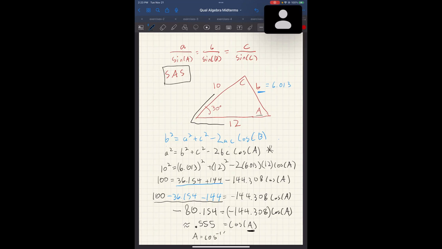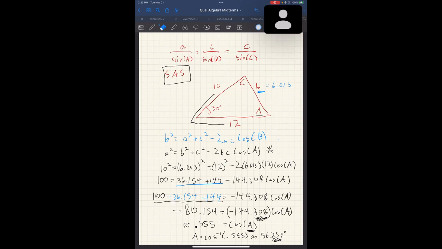Absolutely, that's just our cosine inverse. So A should be cosine inverse of 0.555, which turns out to be about 56.259 degrees. Now, if you got something that's a little bit off, I think earlier I got a slightly different decimal for this part, which would mean the decimals here are a little bit different.